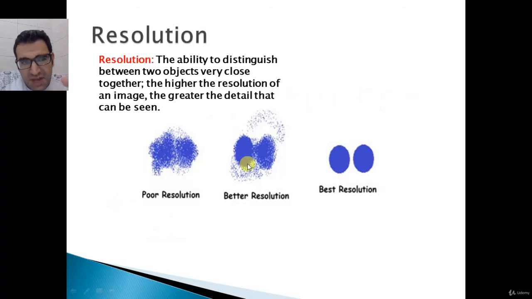With better resolution, you can still distinguish them as two objects, but they are not far away from each other. So resolution is measured by the ability of distinguishing two objects that are very close as two separate objects. If you have a high resolution, then you can distinguish them as separate objects, as this slide indicates.